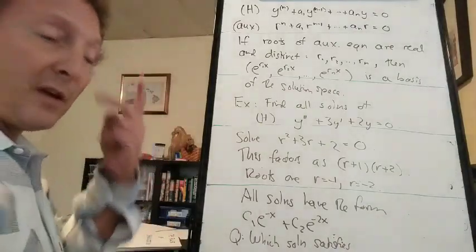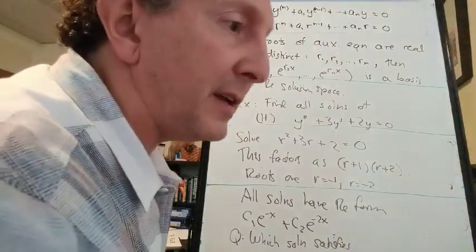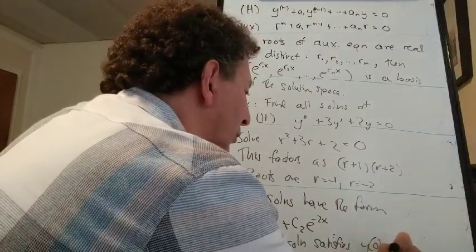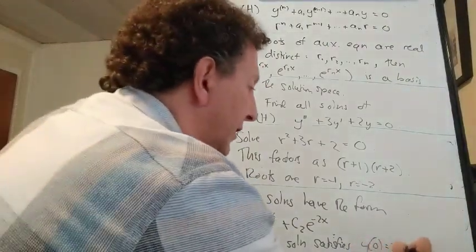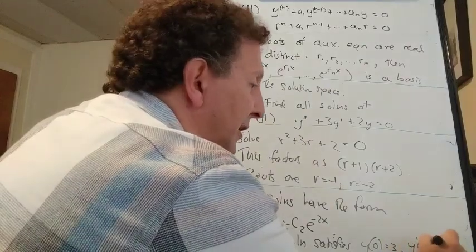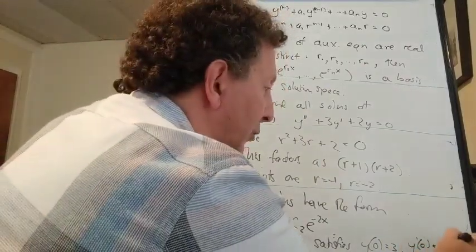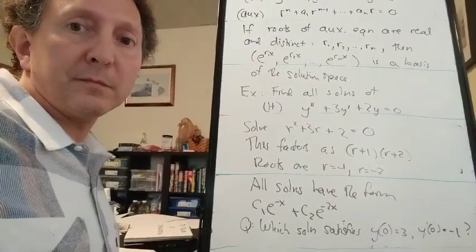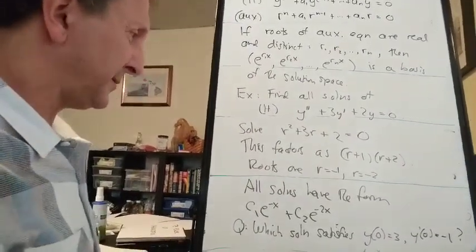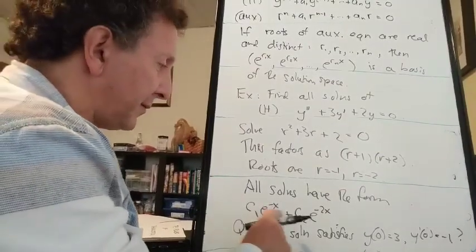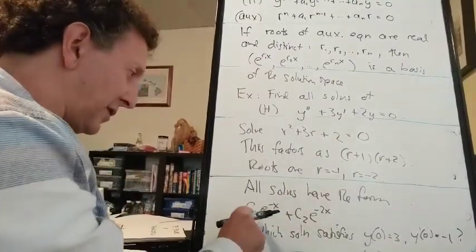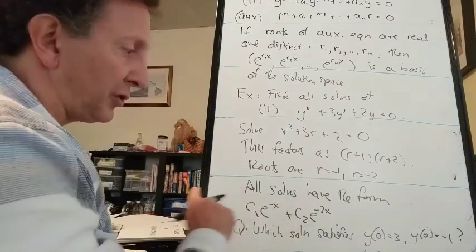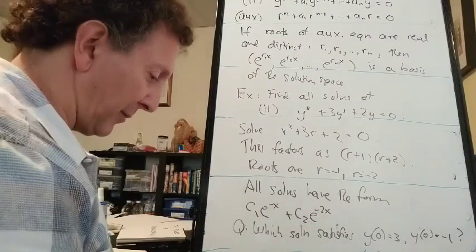So which solution satisfies, say, y of 0 equals 3, y prime of 0 equals -1. Those two pieces of information might help us solve for C1 and C2 to get one solution in this solution space that has those properties.